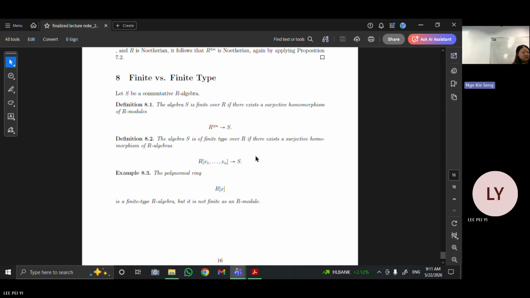So the last section, the finite type, and we let S be a commutative R algebra.